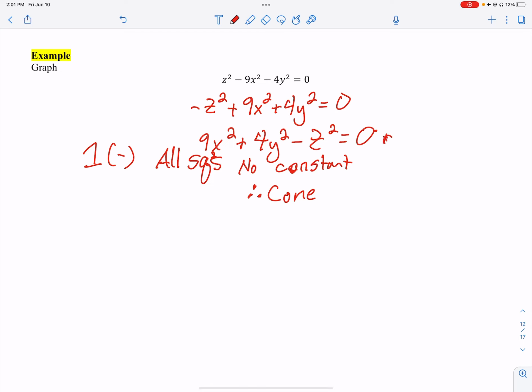So I need to divide by something to make it look like the standard form: the least common multiple of the 3 numbers. We have 9, 4, and 1, so that would be 36. I'm going to divide everything by 36.